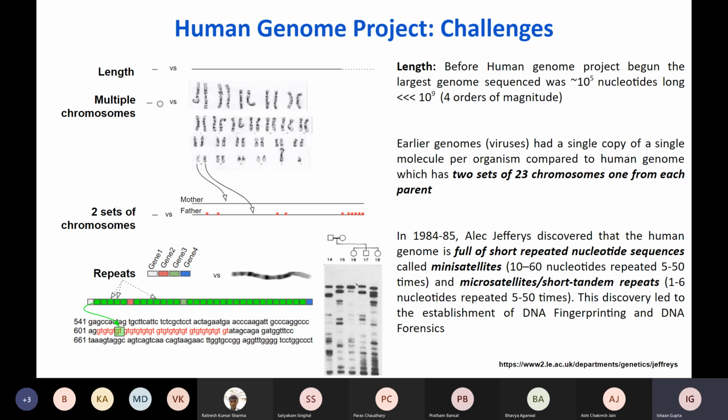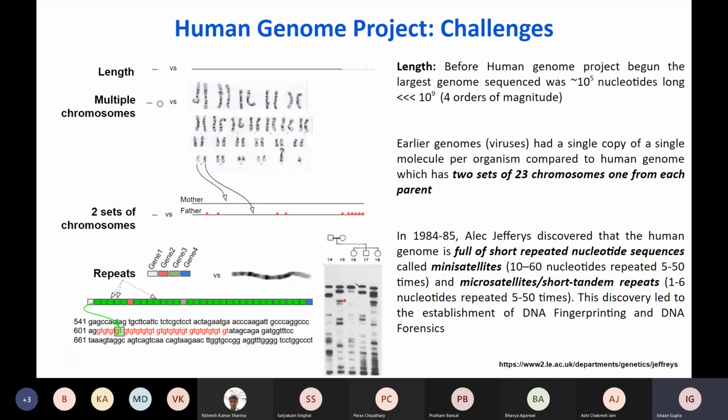What he found was that each human had a specific number of such repeats, and these repeats could be used to identify the human being. He laid the foundation for DNA fingerprinting, or what's now called DNA forensics. If you are interested to read more about it, I have given a link here. It's very interesting. All this kind of crime stuff happens using this ability to look at these microsatellite patterns in different humans.